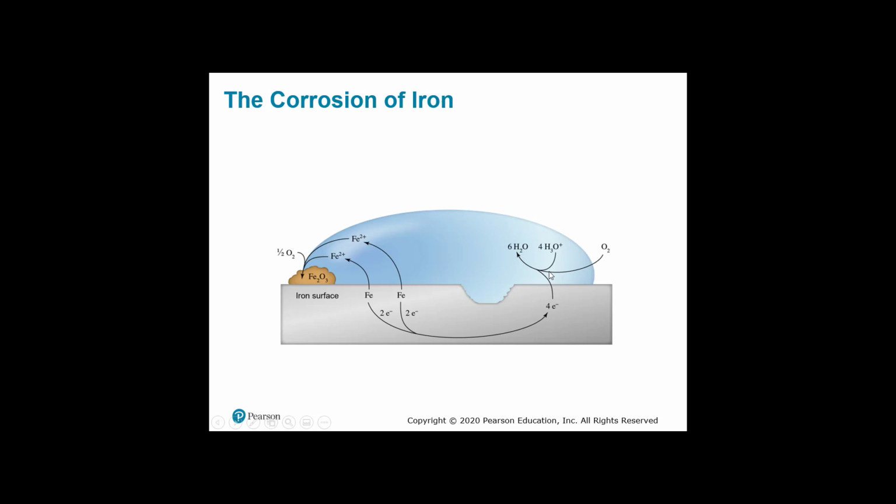Then there's a further redox reaction, and again, this is all spread out. We deal with the Fe2+ again and the water molecules plus the oxygen, and that ends up producing the iron(III) oxide and the hydronium ions. So there's an oxidation, a reduction, and then a further redox that occurs.